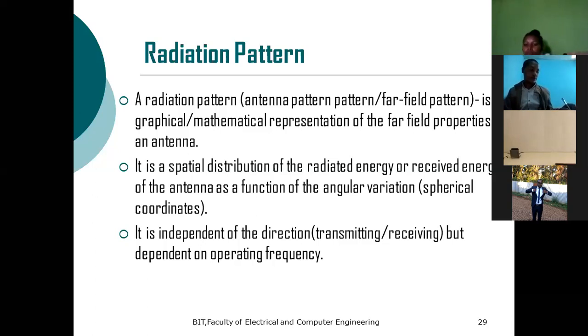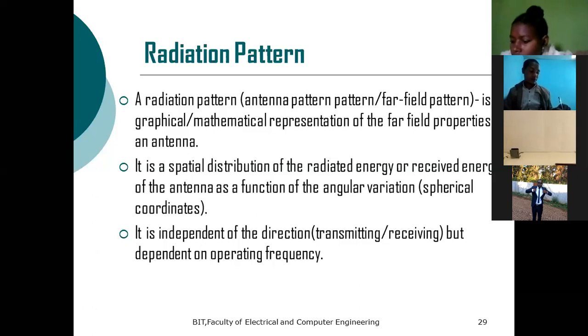It is a graphical or mathematical representation of the far field property of a radiating element. It is graphical, and it is also possible to express this in mathematical form.